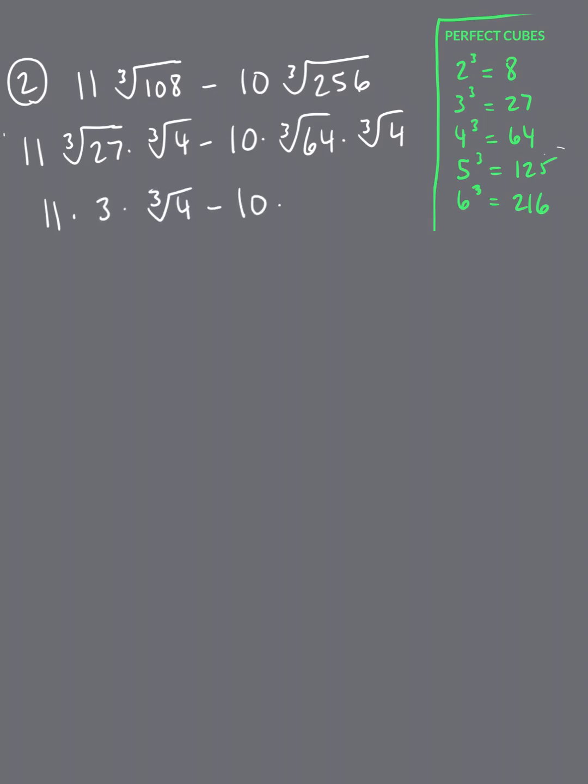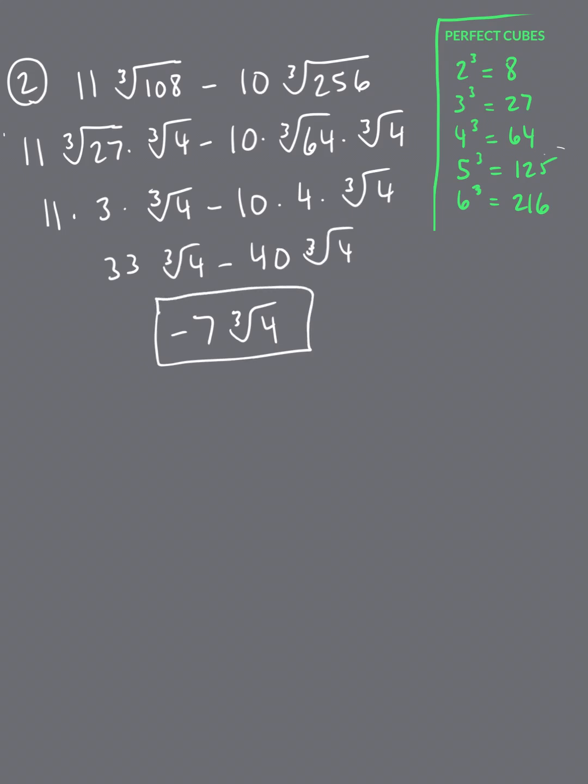The cube root of 64 is 4. 11 times 3 is 33. 10 times 4 is 40. Now we can subtract. Since we have the cube root of 4 on both terms, 33 minus 40 is negative 7 times the cube root of 4, and that is our final answer.